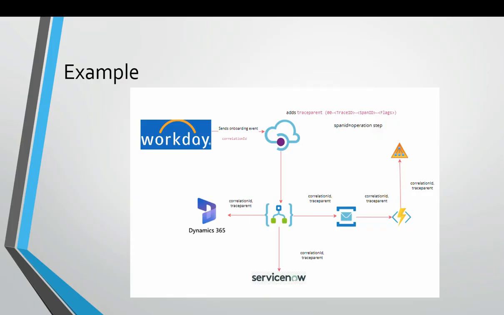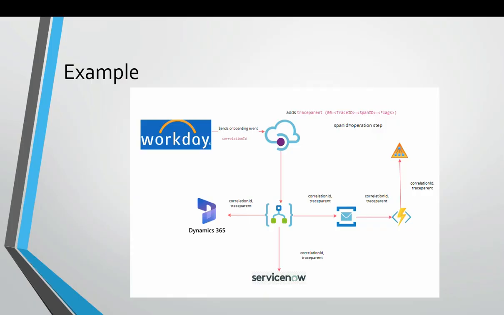So we now have a correlation ID. There could be two scenarios: either Workday provides it, or we create it ourselves in APIM. It is a unique identifier that will travel through every system involved in this transaction. It also adds a trace parent header so that distributed tracing can follow this transaction end to end.